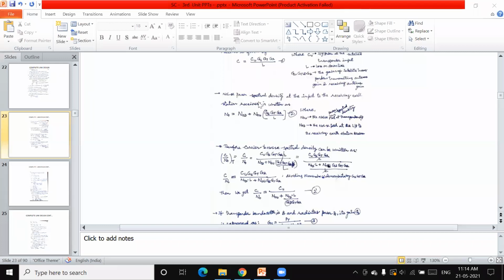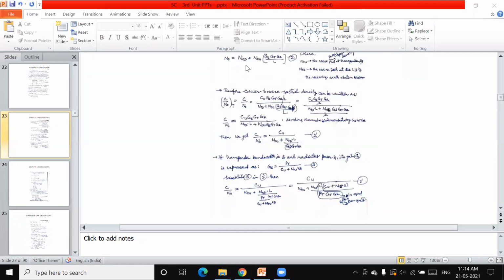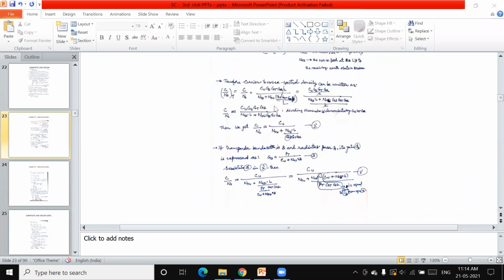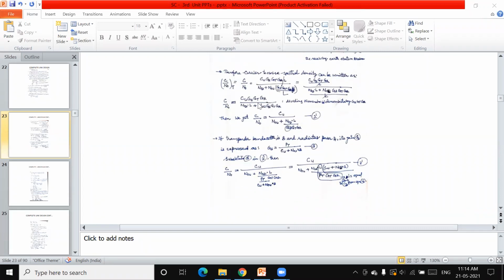Now C by N naught will be the third equation, the carrier to noise power spectral density. C by N naught, with suffix T, that is for overall, the total C by N naught. Simplifying that, you divide the numerator and denominator by GS, GT, GR.